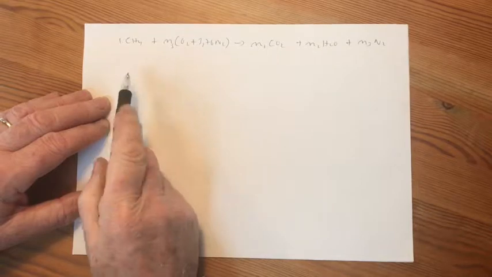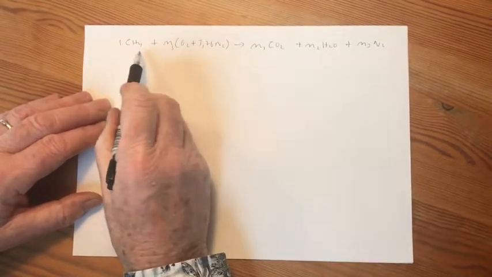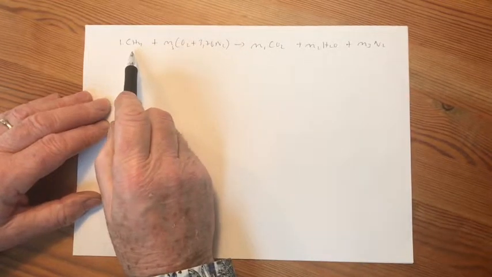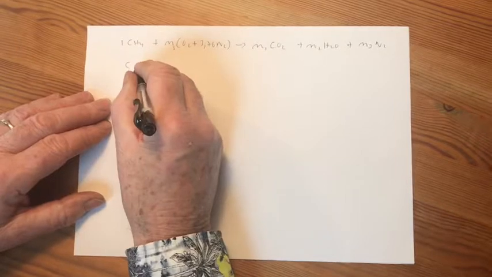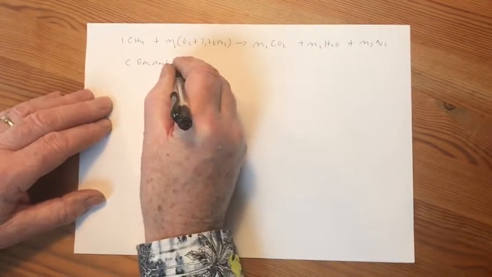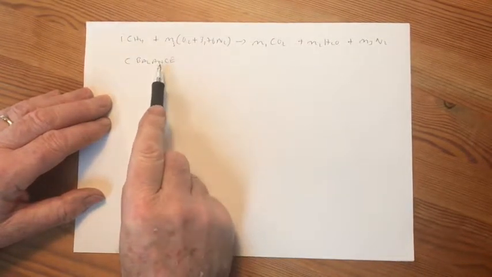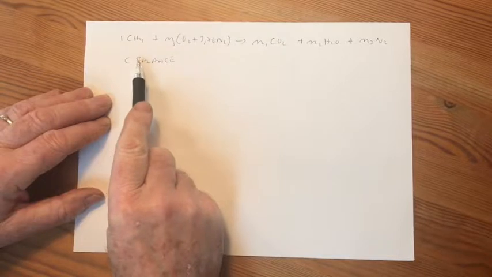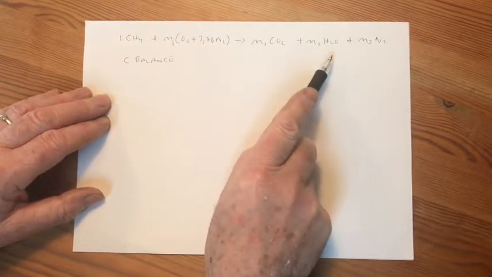So what we simply do is we make a balance of atoms between the left hand side and the right hand side. So we start off by making what we call a carbon balance. Carbon balance simply means, as I said, that the number of carbon atoms here should be the same as the number of carbon atoms here.